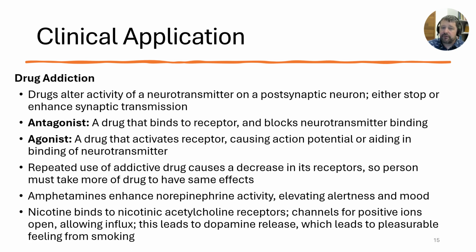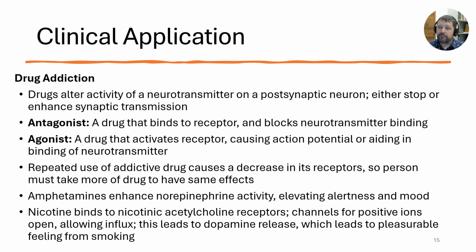Nicotine, okay, same kind of thing. It's binding to the acetylcholine receptors, and so this allows for dopamine to be released, which kind of leads to that pleasurable feeling that individuals who smoke or use chewing tobacco or vape, etc., that has nicotine in it.